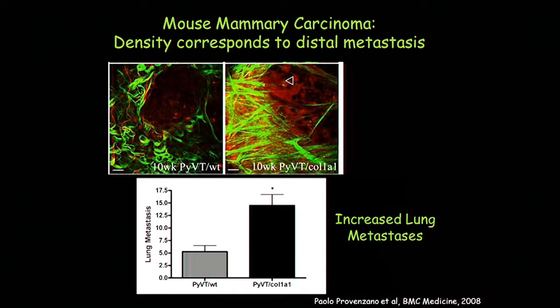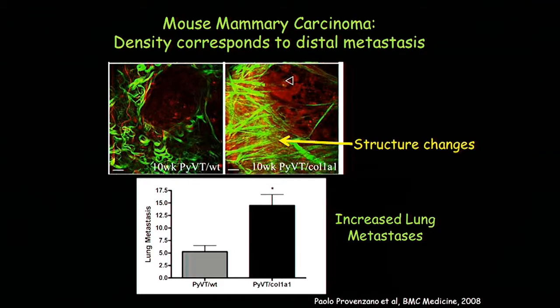In the normal mouse background, the collagen looks like this after 10 weeks of age. And in this collagenase-resistant animal, we have these really thick, dense collagen fibers. And these animals have a threefold increase in metastasis to lungs. So that means these breast cancer cells are going to the lungs and making metastases.